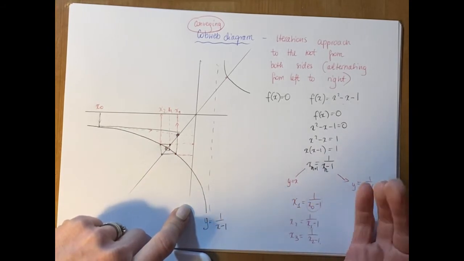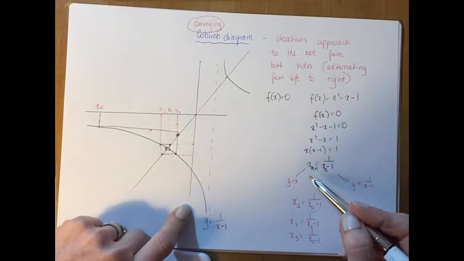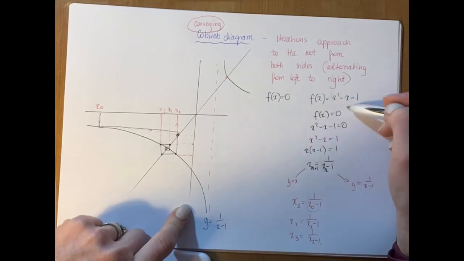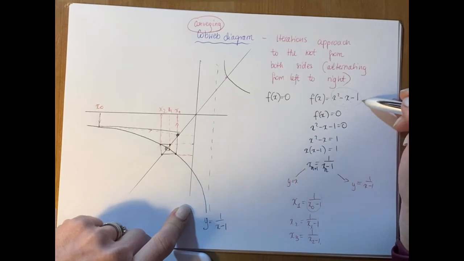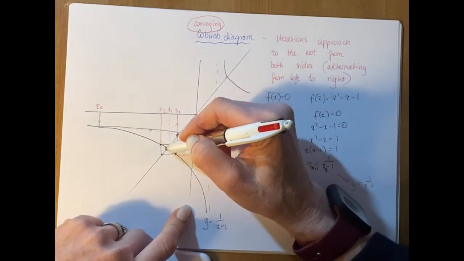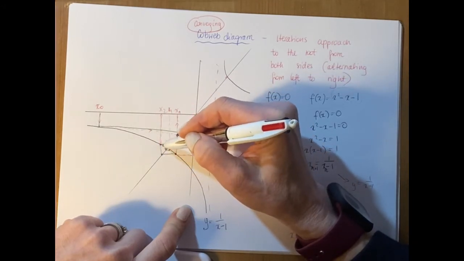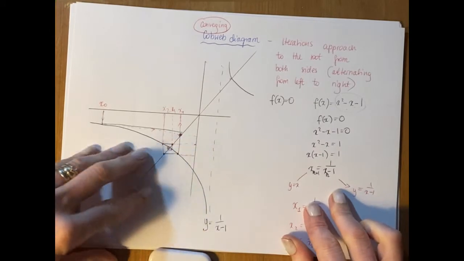And that's simply using a different iterative rearrangement of the same equation, x squared minus x minus 1 equals 0, and that allows you to find the negative solution. You can see that the cobweb diagram is getting closer and closer to the solution.